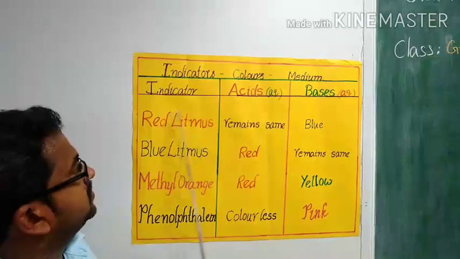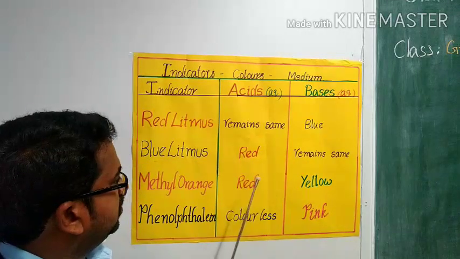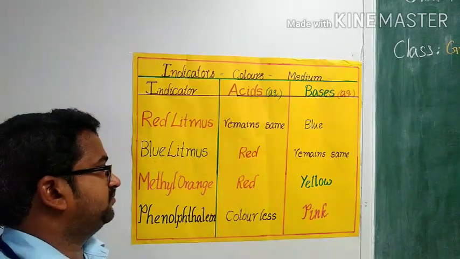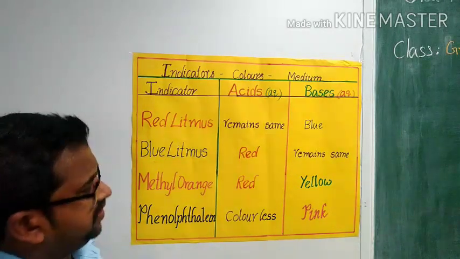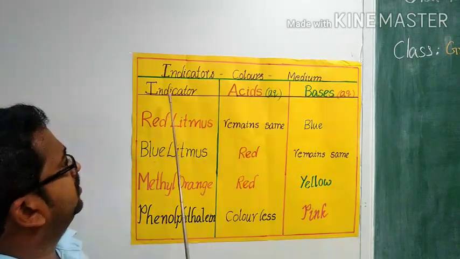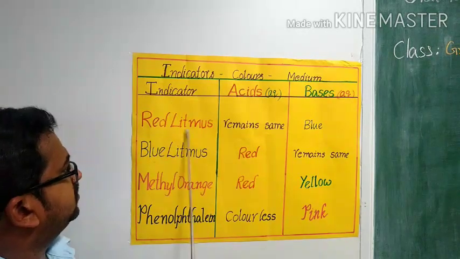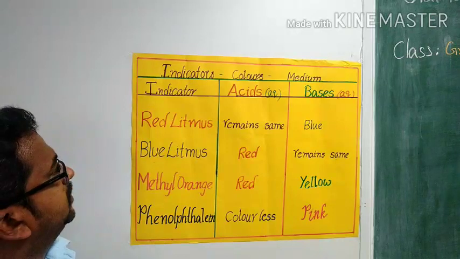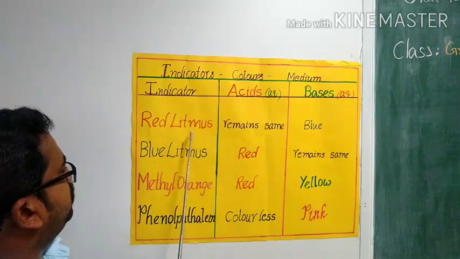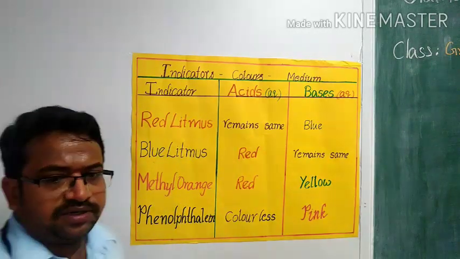Children, see this chart. It is about the content, and you should learn this content. Later we will see how the questions will come up. These are the indicators, and it's about the acidic medium and the basic medium. Already I told you that different indicators are available.